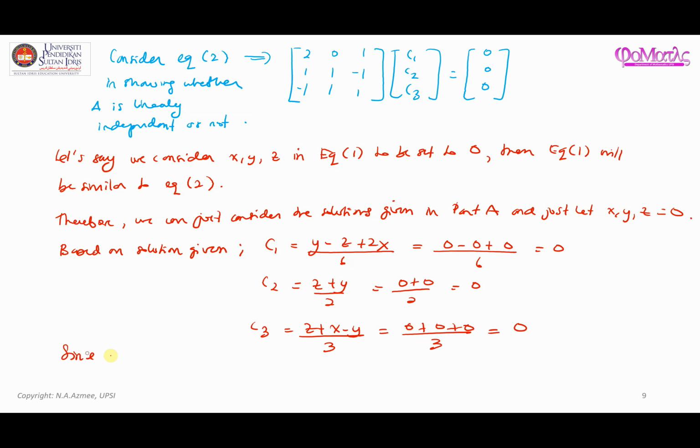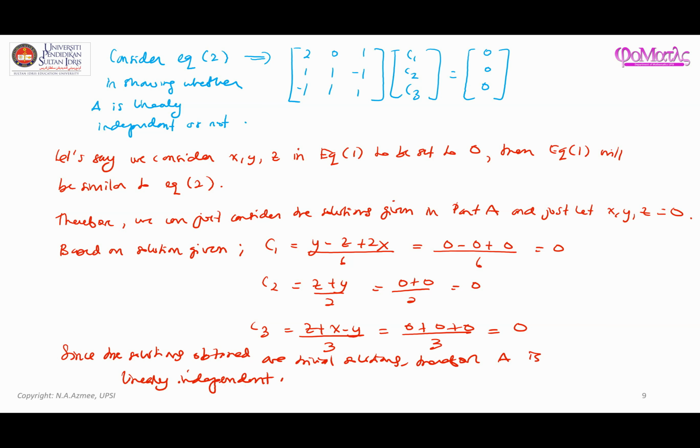Since the solutions obtained are trivial solutions, therefore A is linearly independent.